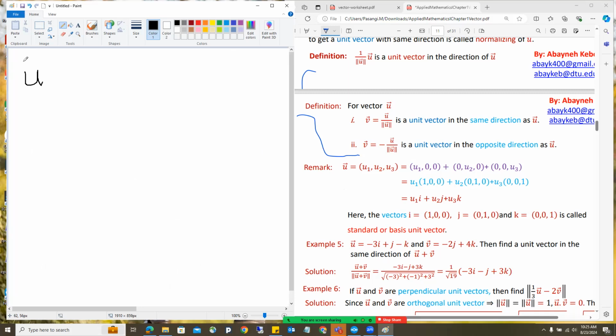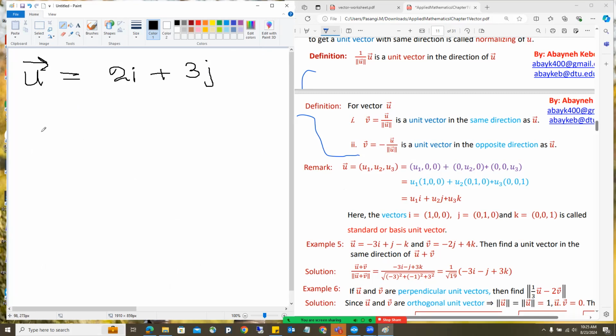Suppose vector u is given as 2i plus 3j.